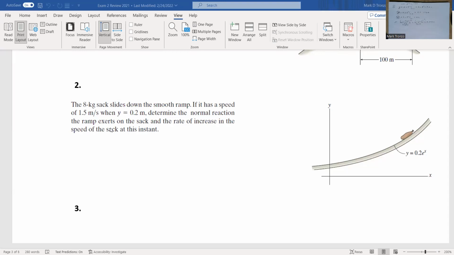Next, let's take a look at problem number 2. It says an 8-kilogram sack slides down the smooth ramp. If it has a speed of 1.5 meters per second when y is equal to 0.2, determine the normal reaction the ramp exerts on the sack and the rate of increase in the speed at that instant. Now, one thing to notice here, it wants to know when y is equal to 0.2, it wants to know the information at that point.